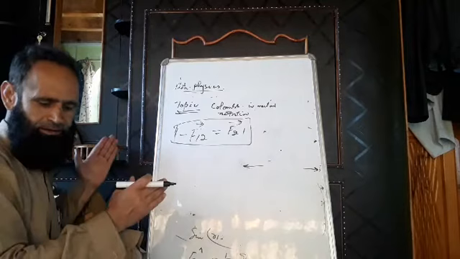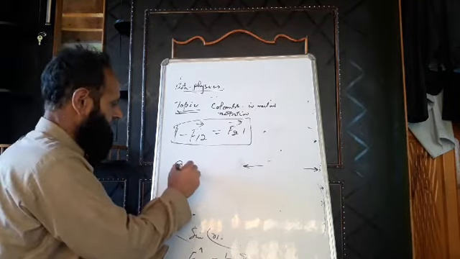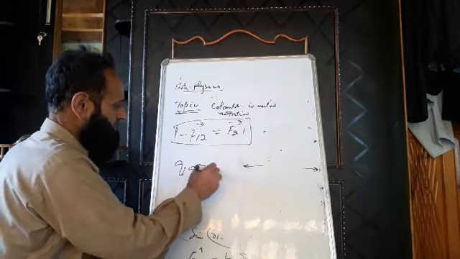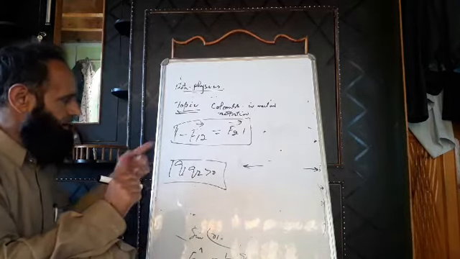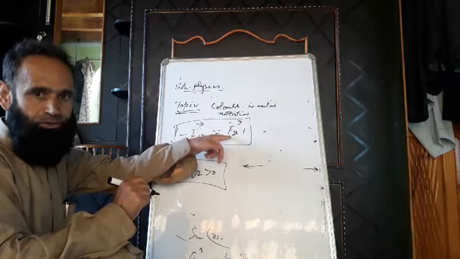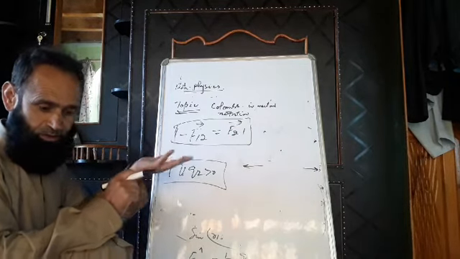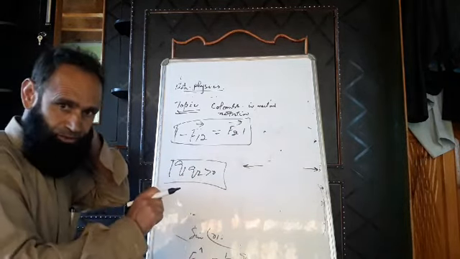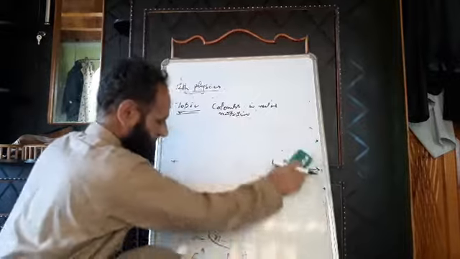The charges repel each other, a condition when Q1 Q2 is greater than 0, that is for like charges. For like charges, forces are equal in magnitude but opposite in direction. Here it obeys Newton's third law of motion: every action has an equal and opposite reaction.